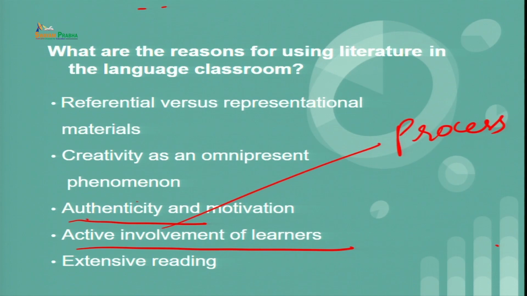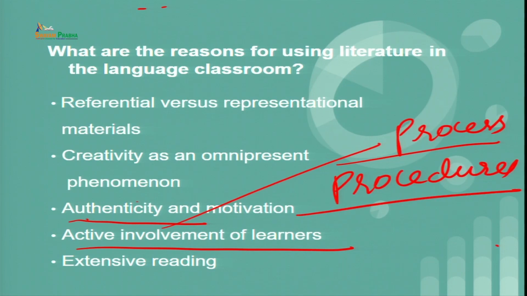By the process, I would mean that the ultimate goal is not only to get the understanding of that particular text, but also to develop procedures that are required to understand the text.